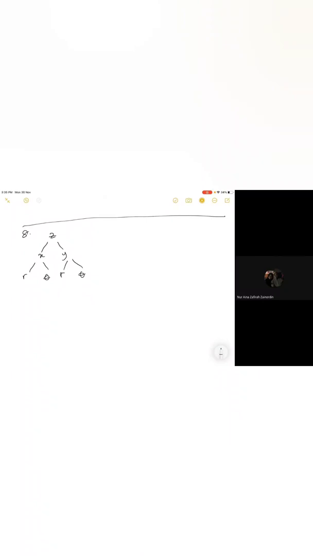So if the question wants r only, you take r only. Then if the question wants you to find theta, you take from z until theta. So you may try this one, the last one, theta.